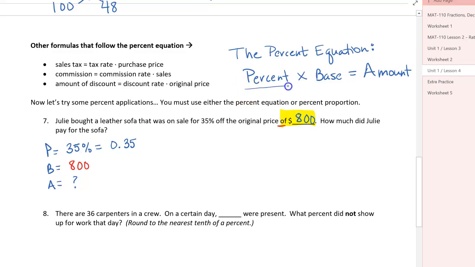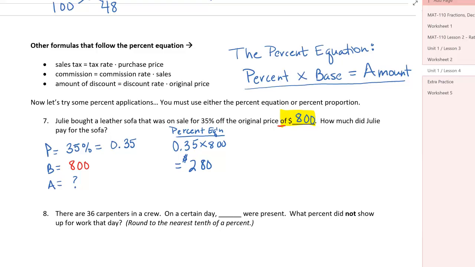So if we apply the percent equation, we would have the percent, which is 0.35, times the base, which is 800. And we can enter that in our calculator, and that will give us 0.35 times 800 is 280. So Julie's going to get $280 off of the price of the sofa.